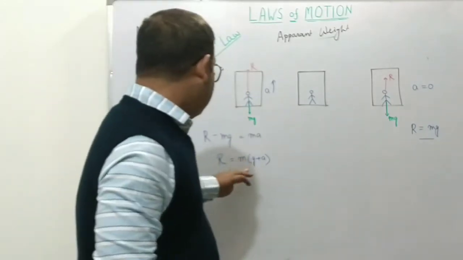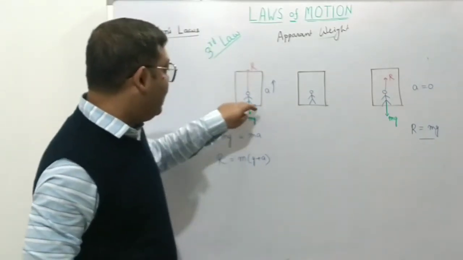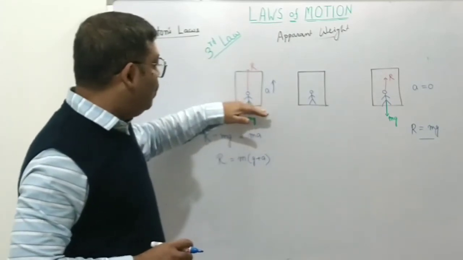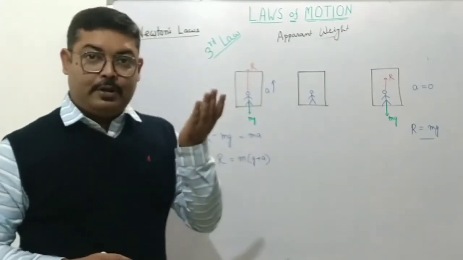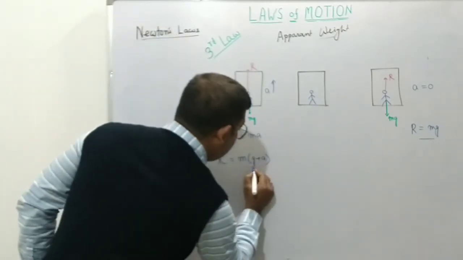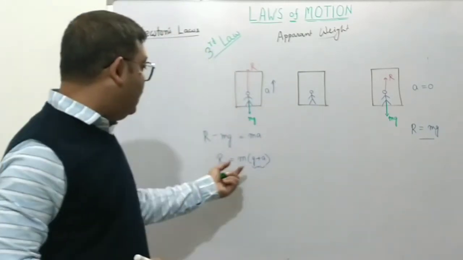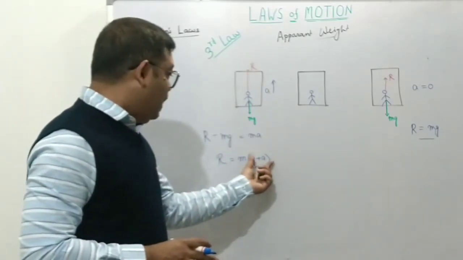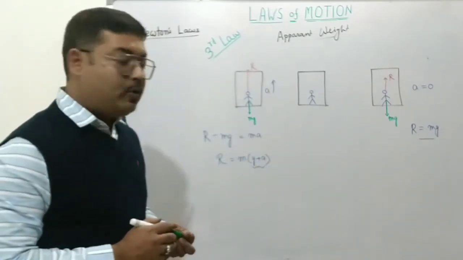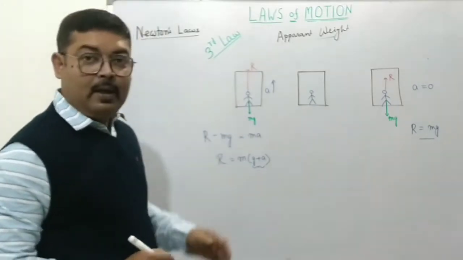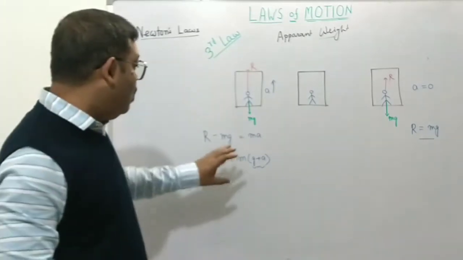So if you put a weighing machine under the feet of a person who is accelerating upwards, his reaction force will be mg plus ma. So there will be an additional amount of acceleration that he will experience. As a result, the force of reaction that is measured by the weighing machine will be larger.